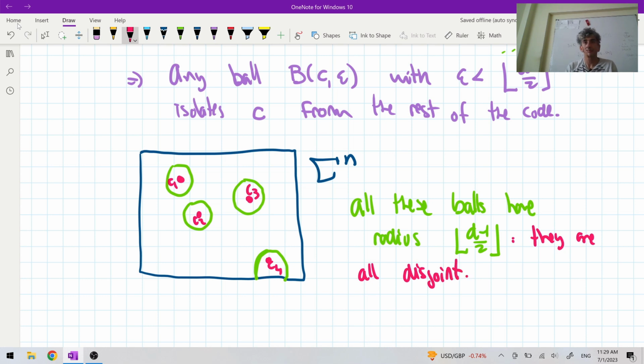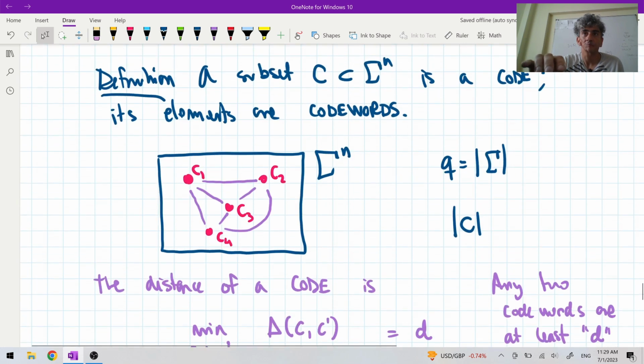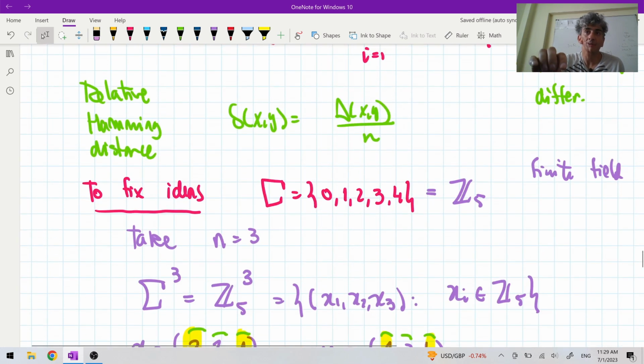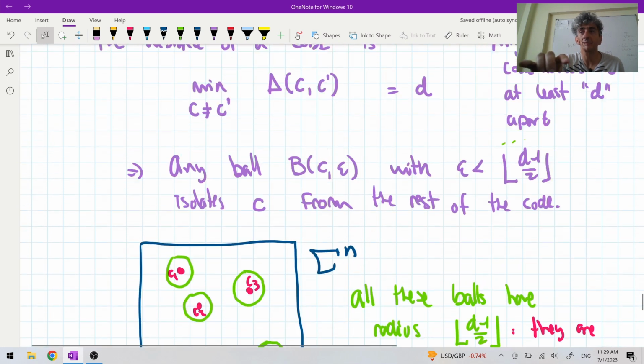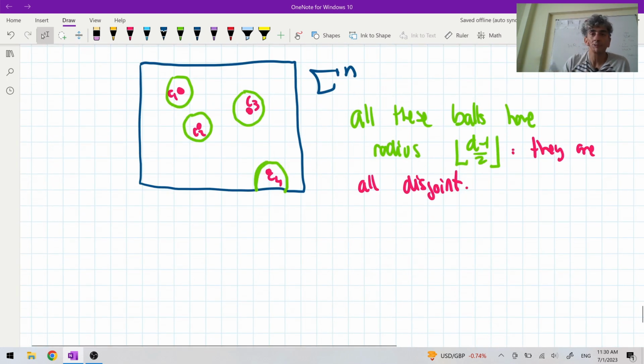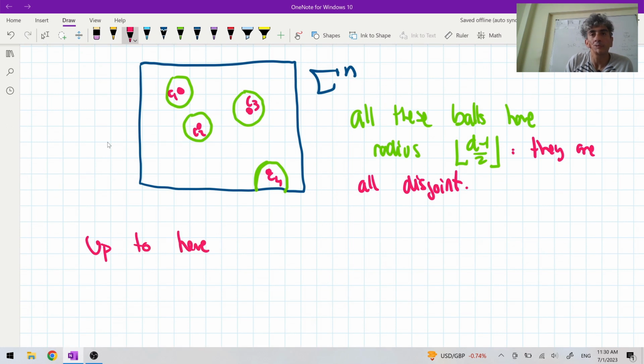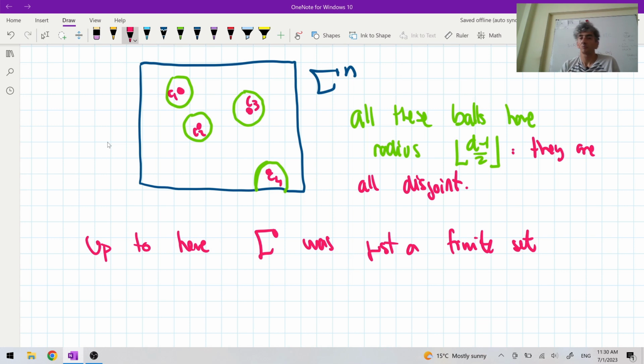Okay. For the time being, these are many definitions, but they're not complicated. And up to here, sigma was just a finite set. We could have considered A, B, C, the English alphabet, for instance.